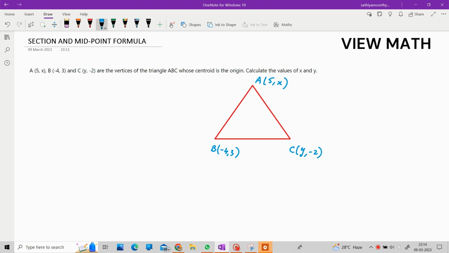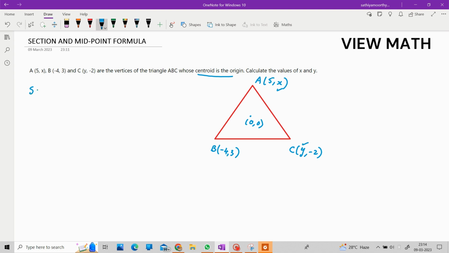And one more point, they have given the centroid is origin. So this is the centroid and it is origin. Origin means it is 0, 0. Calculate x and y. So they are asking us to find out the x value and the y value.